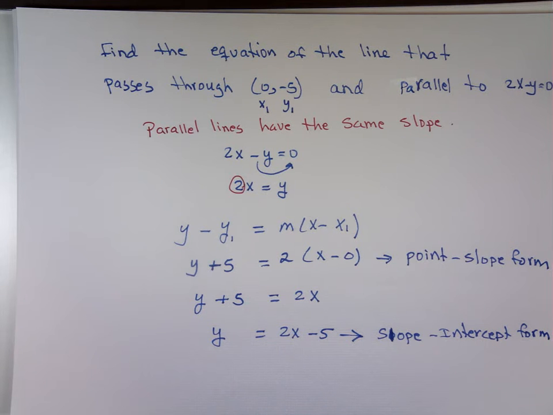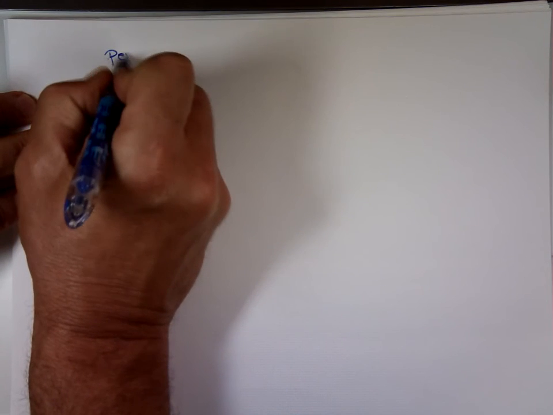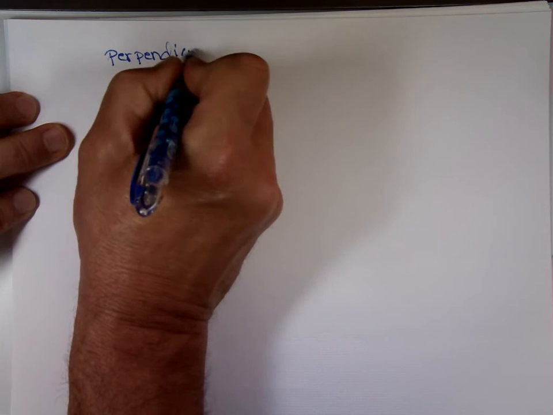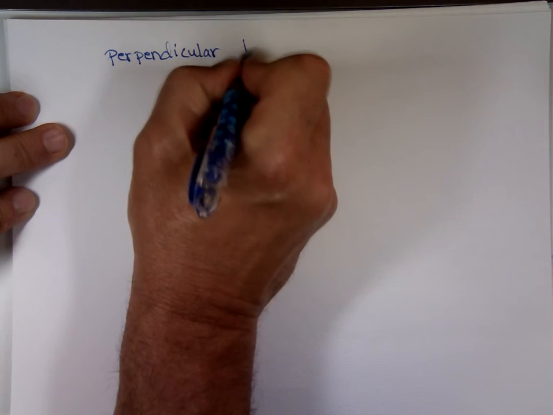One more example, and we are done for the night. We did parallel, so guess what's left? Perpendicular. There we go. A few things about perpendicular lines. They can't have the same slope.